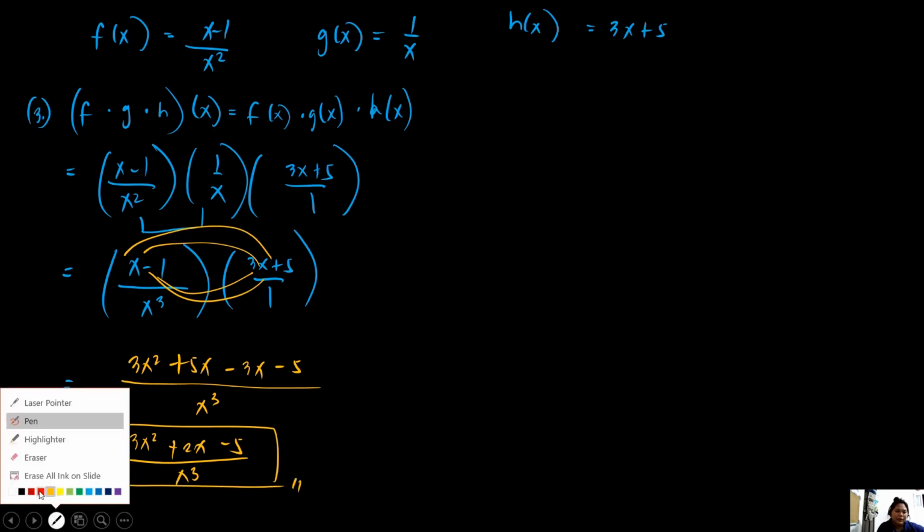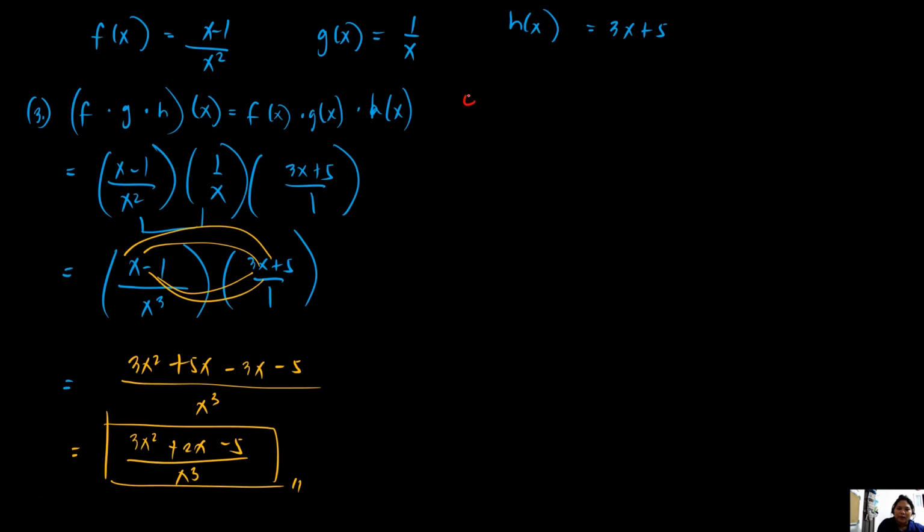Okay, let's have the last one. Let's have the division. So here we're going to f over g all over h. So we're going to divide them of x rather. Okay, of x. So f of x all over g of x all over h of x. Okay, so first thing that we're going to do is divide muna natin sa f of x and g of x.